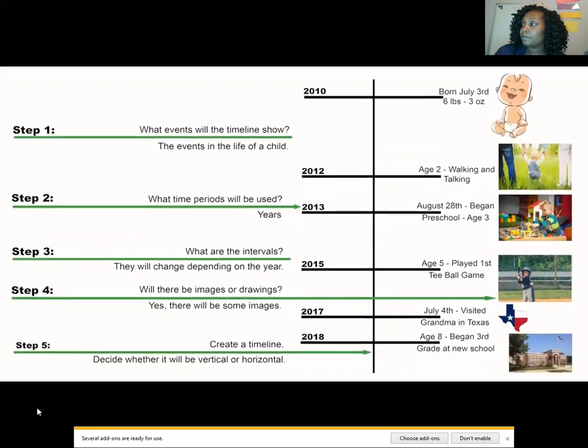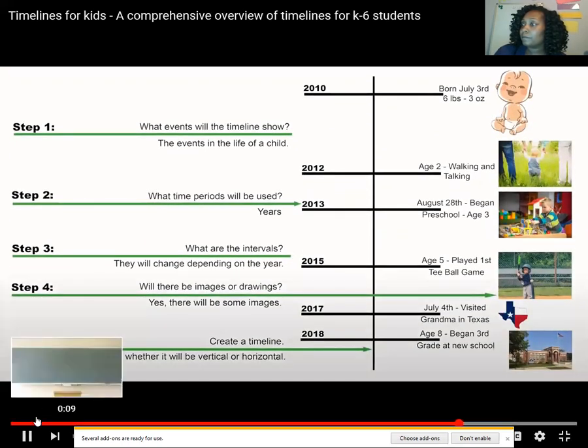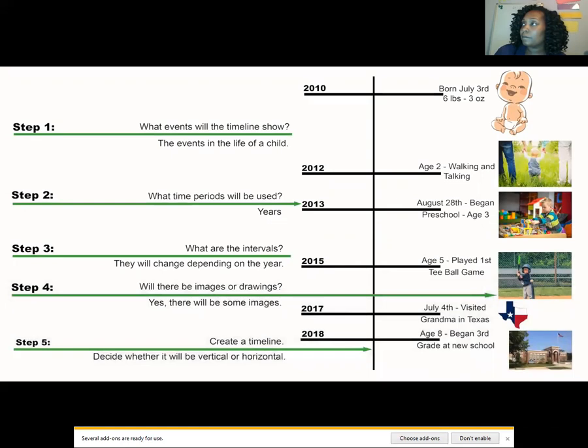Step 5. Create the timeline. Decide whether it will be vertical or horizontal. In this example, we're going to do a vertical timeline. The timeline shows the events in the child's life, from when they were born until the present time, starting third grade at a new school. Of course, many other events could be added to the timeline, such as the first tooth, beginning kindergarten, or other important events in the child's life.